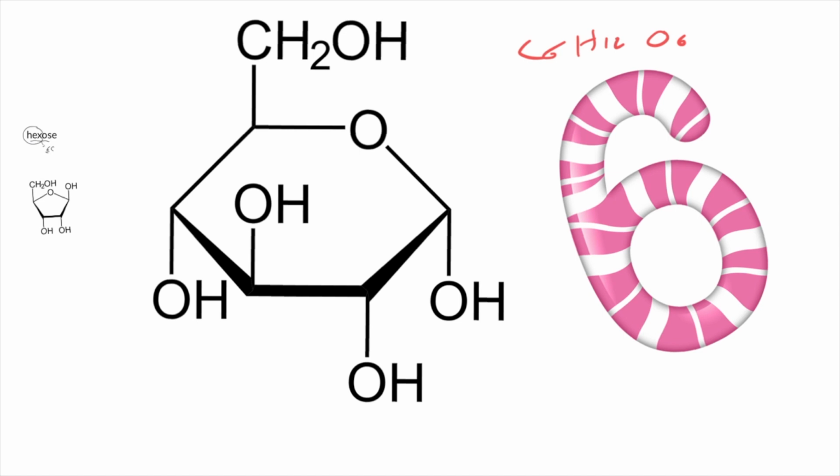Every angle represents a carbon. We usually start counting here at 3 o'clock. This is carbon 1, carbon 2, carbon 3, carbon 4, carbon 5, and the 6th carbon is there on top. So this is a hexose because it has 6 carbons.